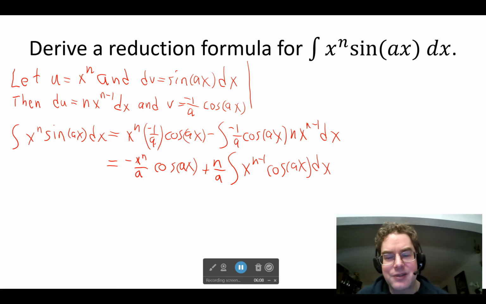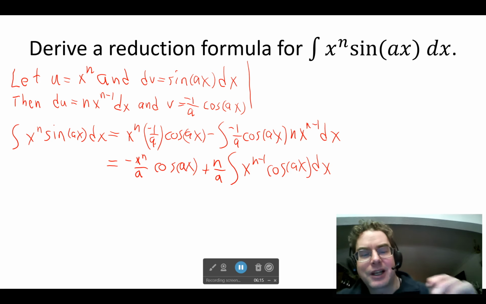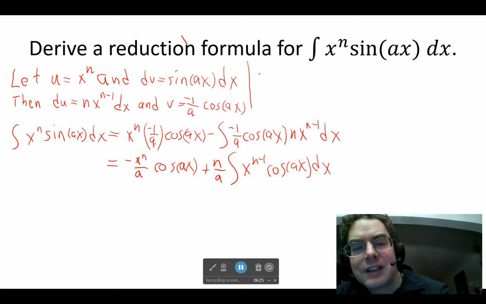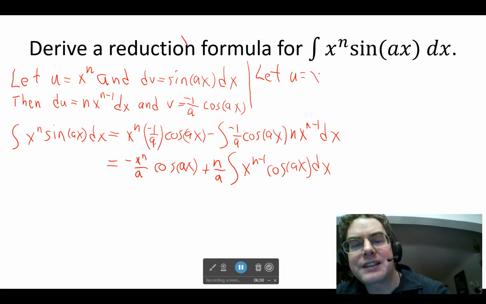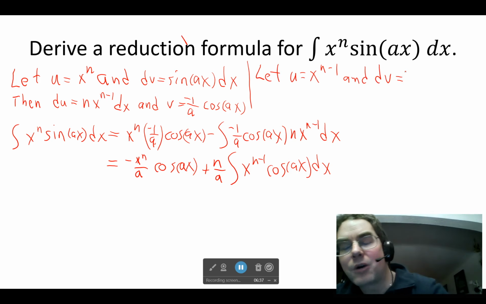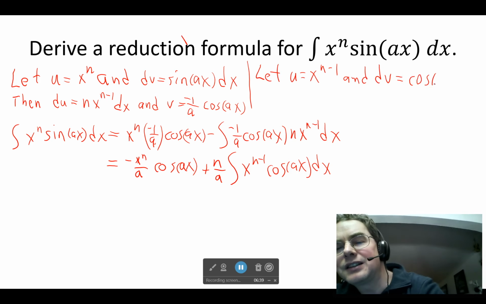We got x to the n minus 1 cosine ax dx. We can reduce that power one more time, which may seem like overkill, but there's another thing that's going to do for us, and that's that it's going to get us back into something closer to the original form. So this time, we'll let u be x to the n minus 1, and dv will be cosine of ax dx.